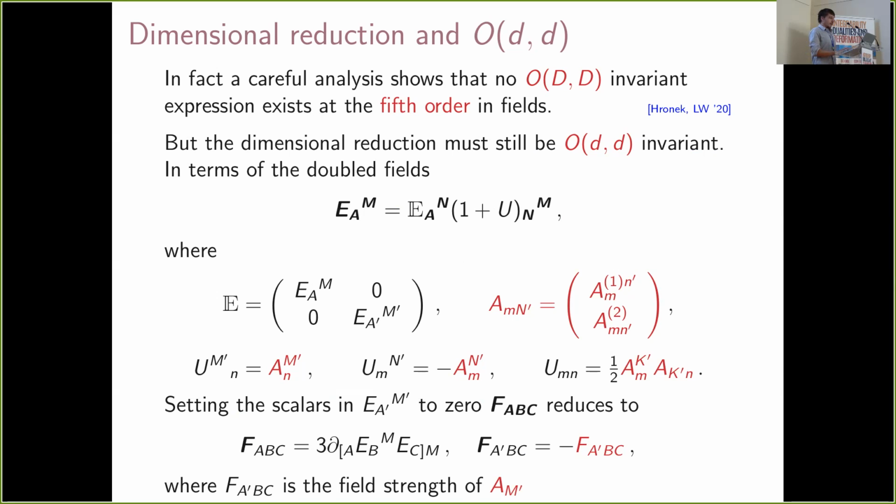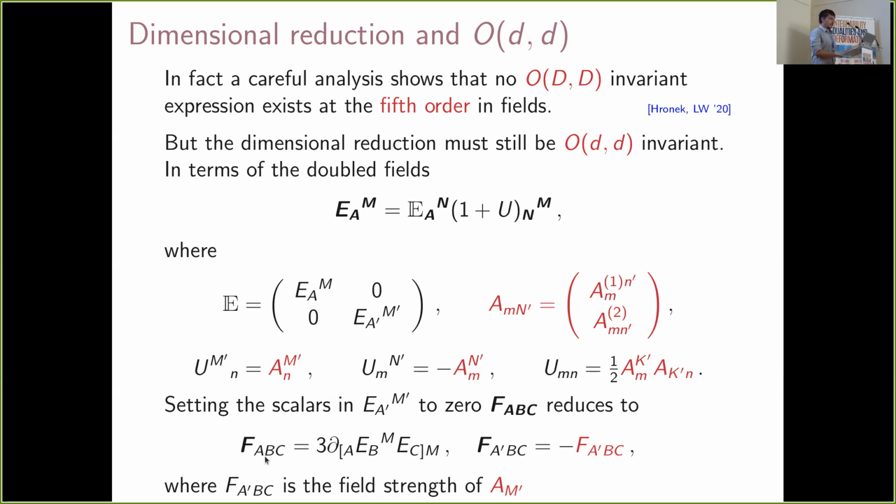But let me simplify a little bit more by just setting all the scalars to 0. So this purely internal generalized fluxbein will contain scalars from the dimensional reduction, but I'll set them to 0 in the following because it simplifies things, and it turns out to be enough. Then you can look at what this 3-index generalized flux becomes.